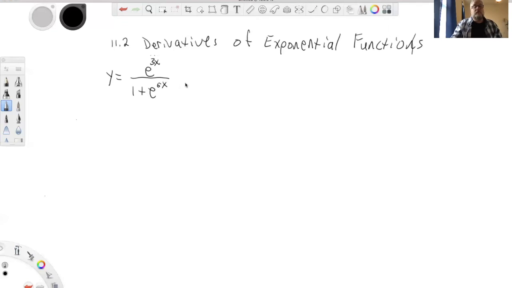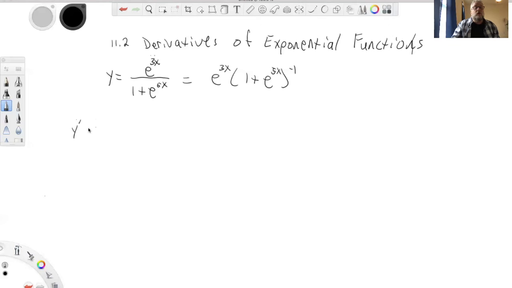I want the derivative of this. Now we could write it as e to the 3x times 1 plus e to the 5x all to the negative 1 power. We could do that. That might make it easy, might make it ugly. I don't know which. We'll do it both ways because that makes it more fun.